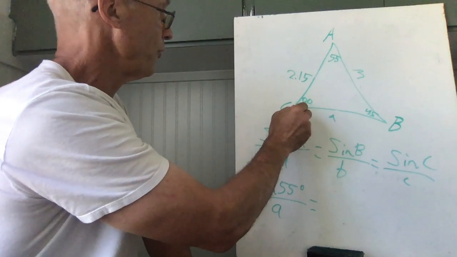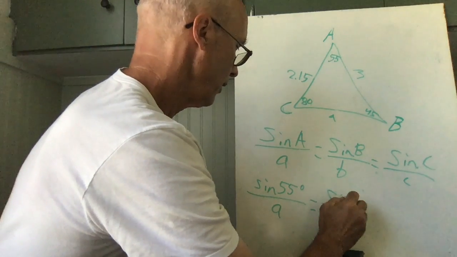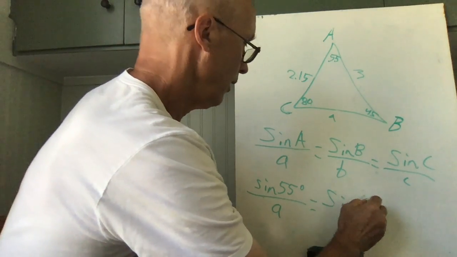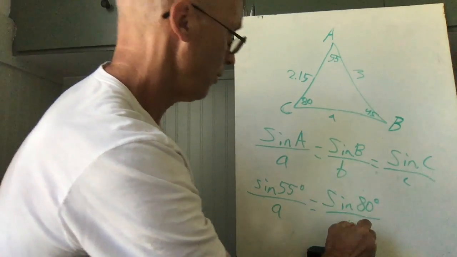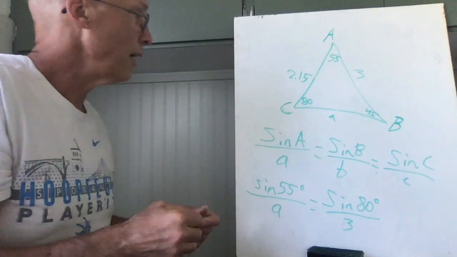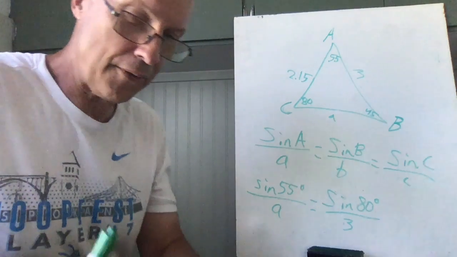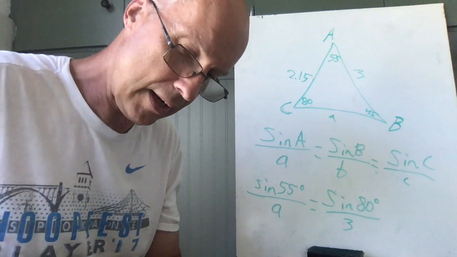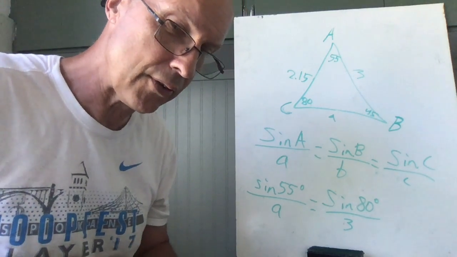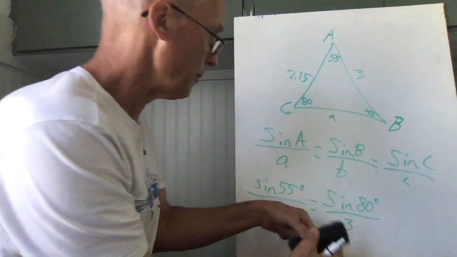Let's just do this one since we already know what it is. The sine of 80 degrees over 3. And the sine of 80 degrees, I already forgot what it was. Sine 80 equals 0.98.